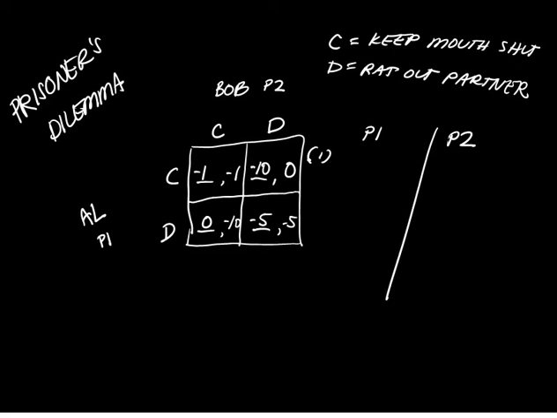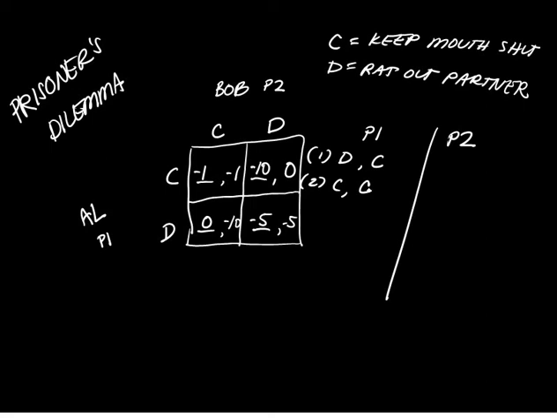So, Al's best possible case scenario is for him to rat out his friend, and for his friend to keep his mouth shut. That way he gets off with no penalty whatsoever. His second best case scenario is for them to both keep their mouth shut. So in the first best case scenario, he has 0 years in jail spent.